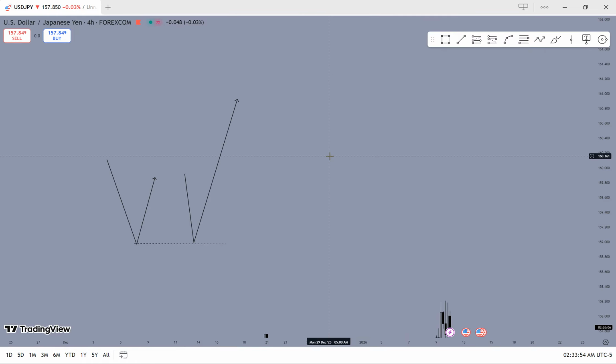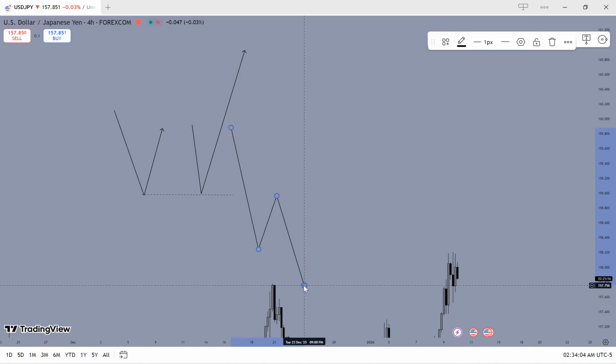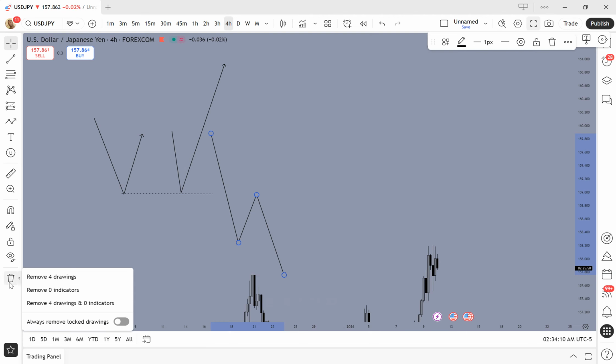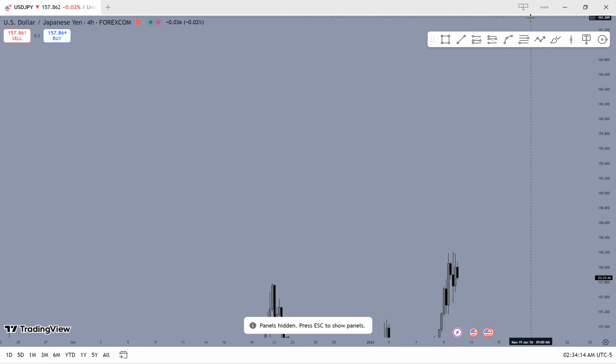But then there are some cases whereby market will just come there like this, break past it like this, then come back to retest the level like this before moving to the downside. So that's just how it is.